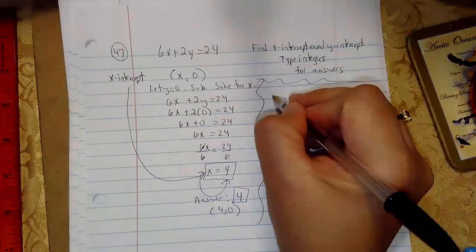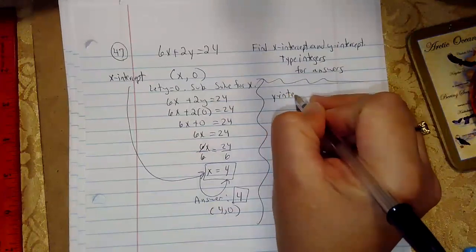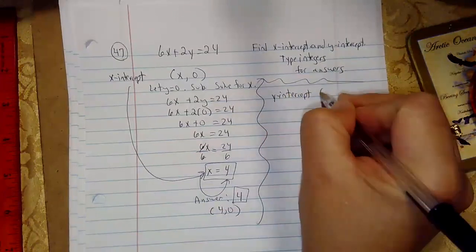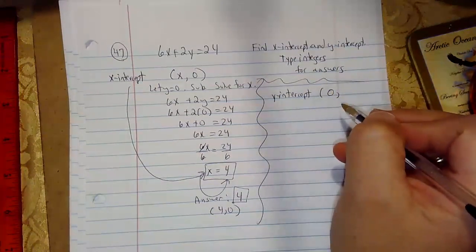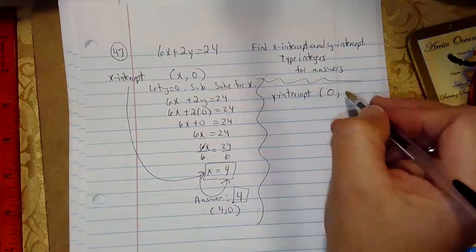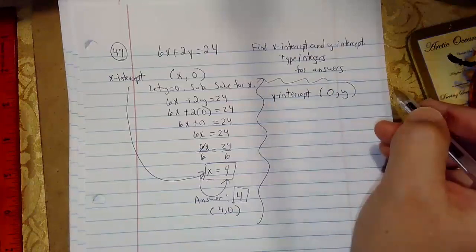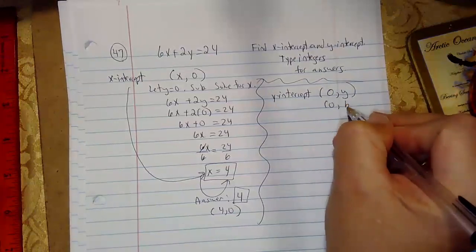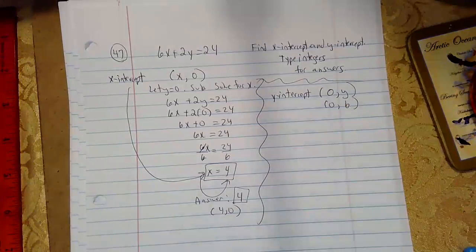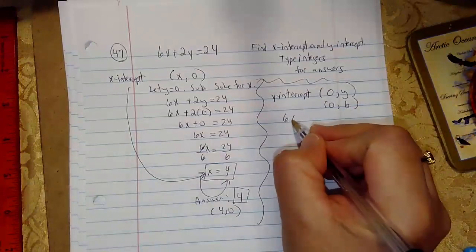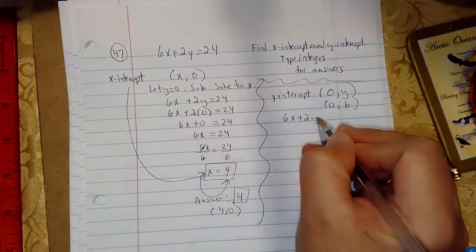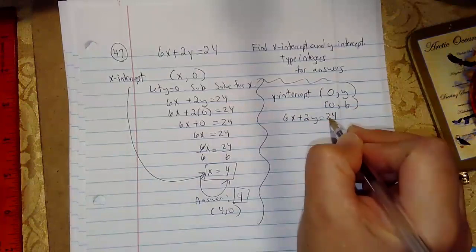Okay, and then for the y-intercept, you're trying to find out what y is, so here you have to let the other variable, x, be 0, and you're trying to find out what y is. And again, they like to make the reference here 0b for that. And so you have your equation 6x plus 2y equals 24.